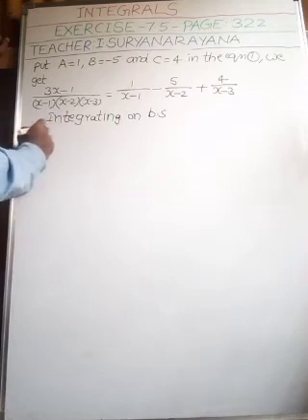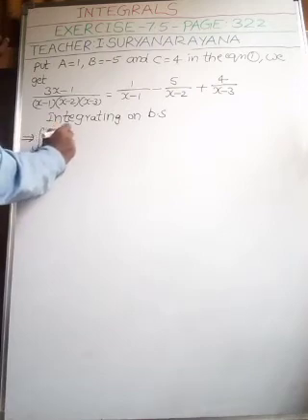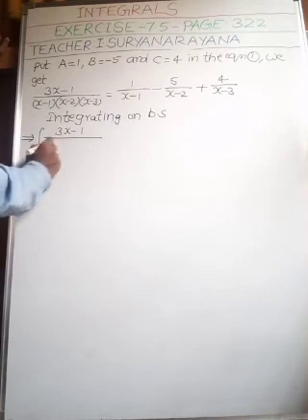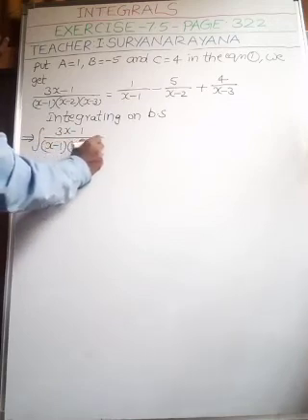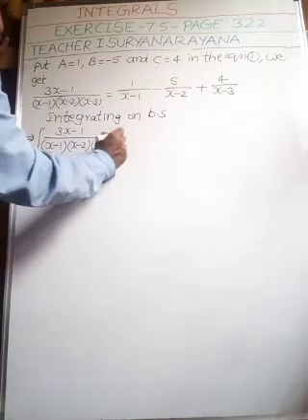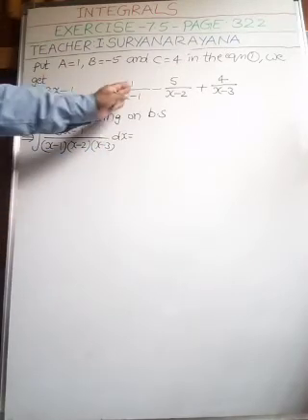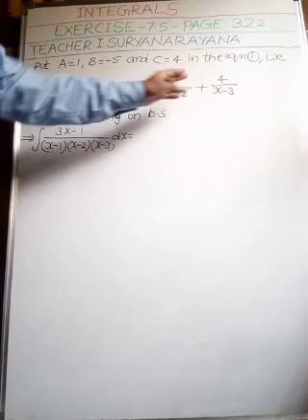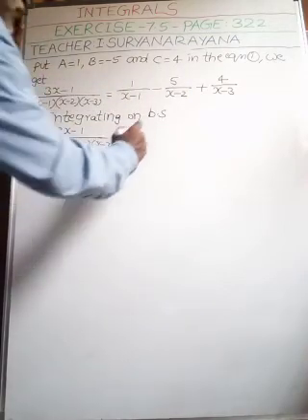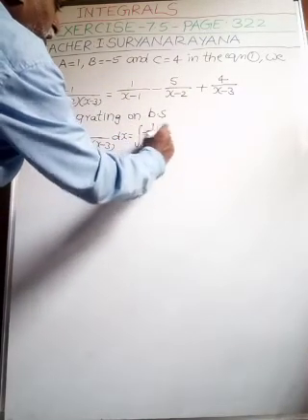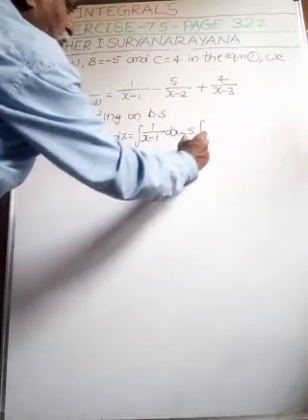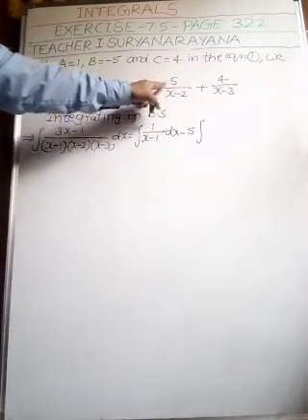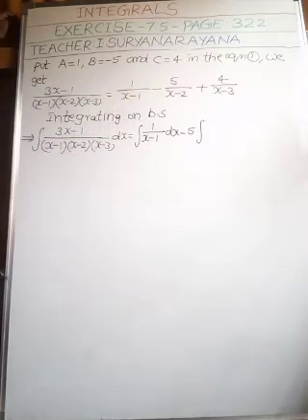Integrating on both sides. This implies integral 3x minus 1 by x minus 1 into x minus 2 into x minus 3 dx is equal to, here I am writing the integration of each term separately directly. Okay, my children? Integral 1 by x minus 1 dx minus 5 into, here the numerical coefficient is 5, so I am writing it before the integral sign.